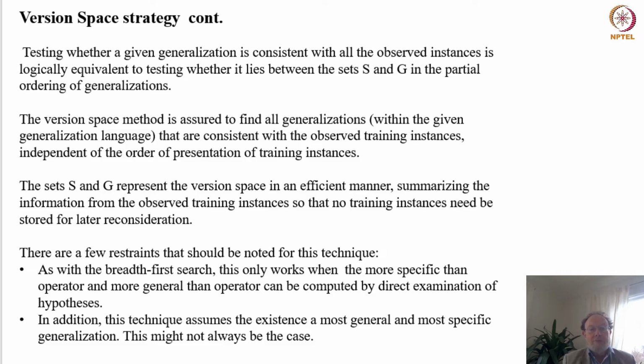So therefore, all operations have to rely on this explicit hypothesis space that we construct. In addition, this technique assumes the existence of a most general and most specific generalization. And it may be the case that these hypotheses do not exist.